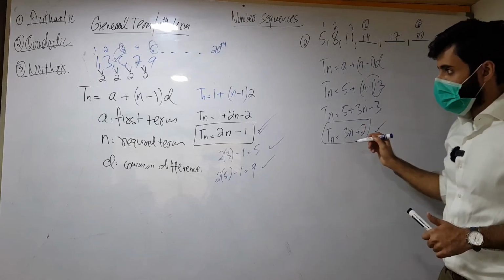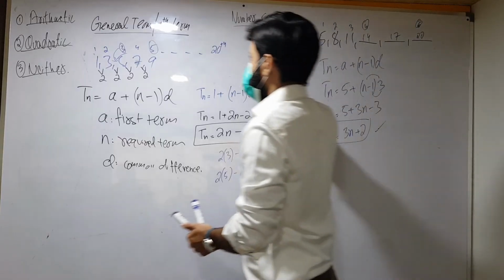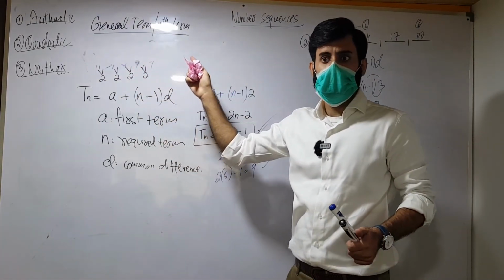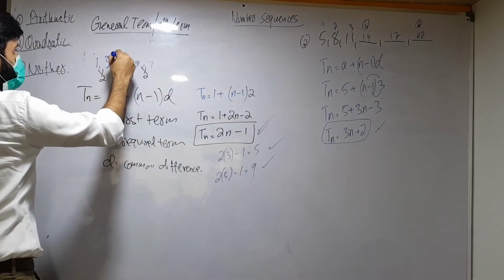I want you guys to copy this. I'm writing down a couple of sequences on the board. I want you guys to figure out their general or nth term. Did you copy this? No? Copy it. I'll write it down again. Don't worry. 1, 3, 5.